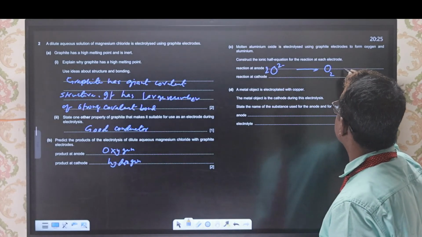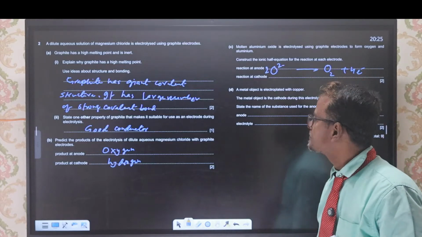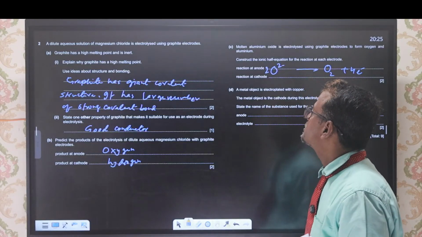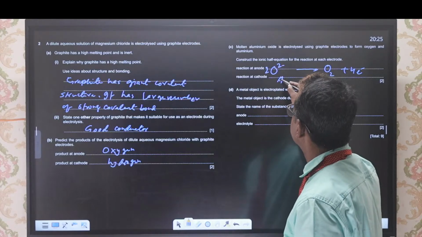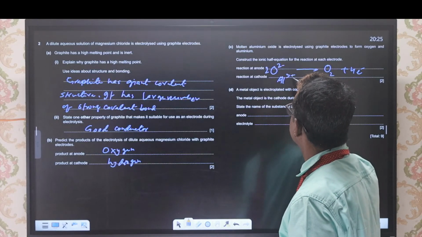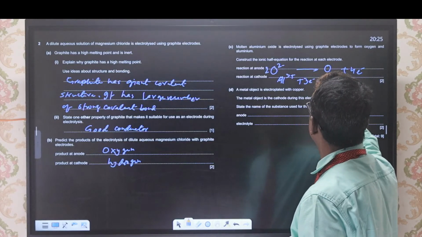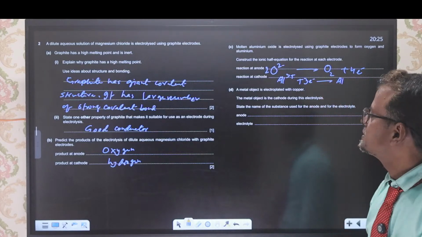So we have 4 electrons, plus 4e. And at the cathode, aluminum ion goes to the cathode. Aluminum is 3 plus, so it will gain 3 electrons to form aluminium. This is a balanced ionic half equation.